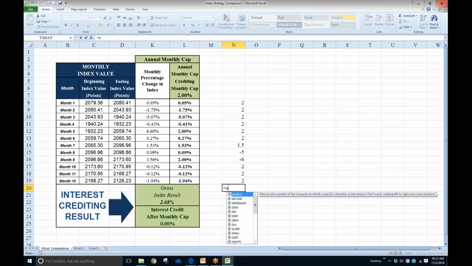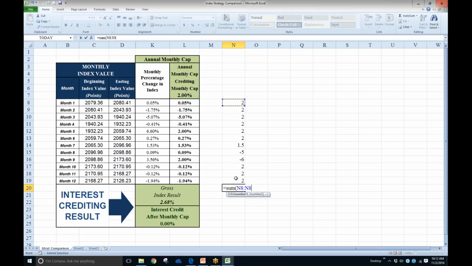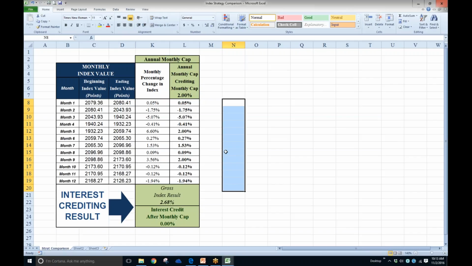With me? If we add all these up, we still got 8.5, so not okay. But if this one goes to 1, and this one was actually -2, you see what I'm getting at. Does it take much to take it way down? So I really like the monthly cap strategy, but you've got to be careful.